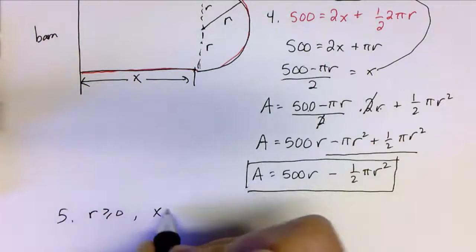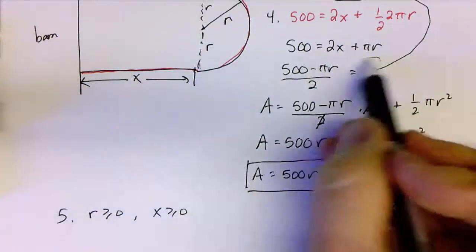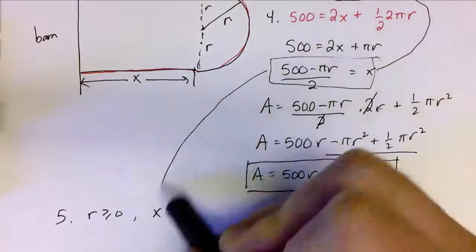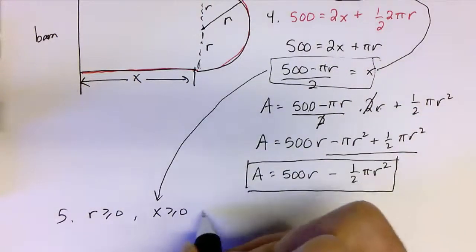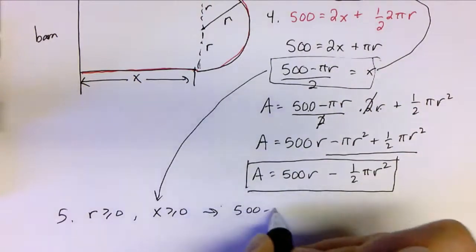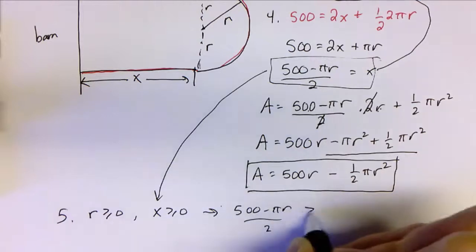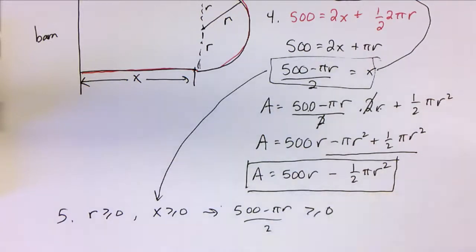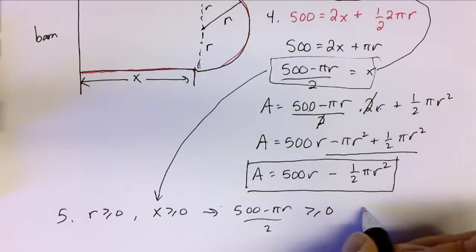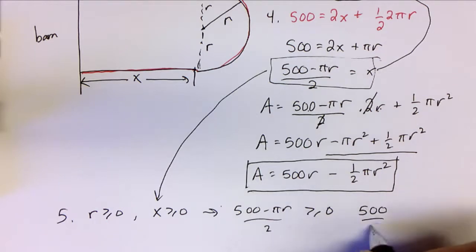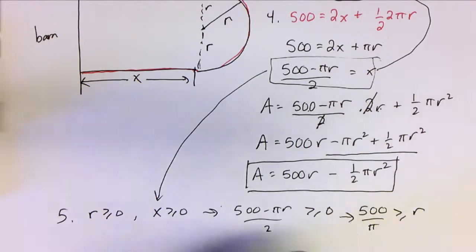So we need x to be greater than or equal to 0. From right here, I know that tells me 500 minus pi r over 2 has to be greater than or equal to 0, which is the same thing as saying 500 over pi is greater than or equal to r. So r is in the closed interval from 0 to 500 over pi.